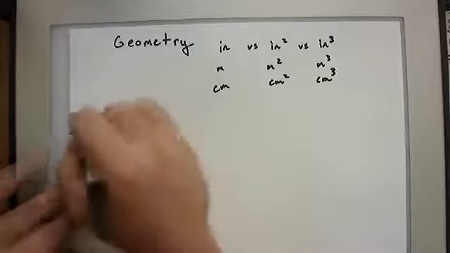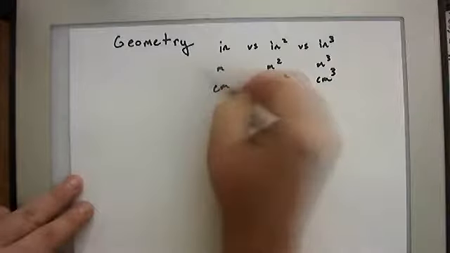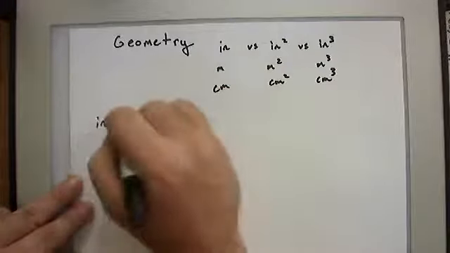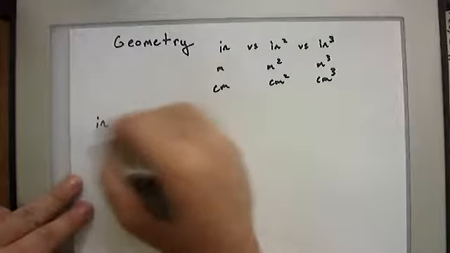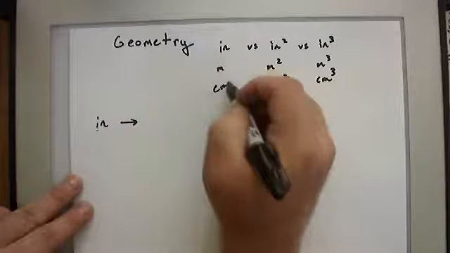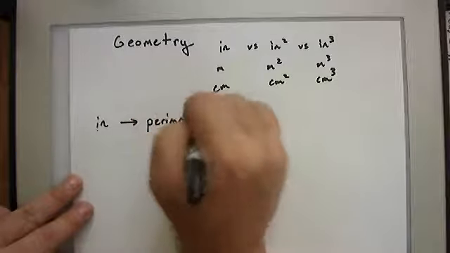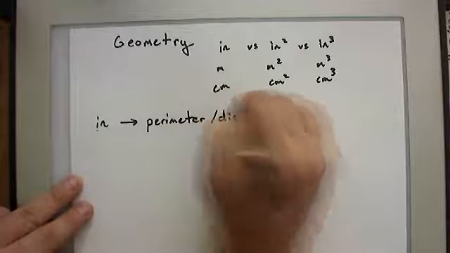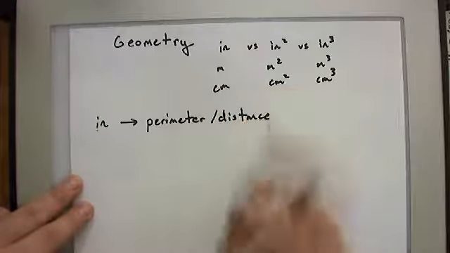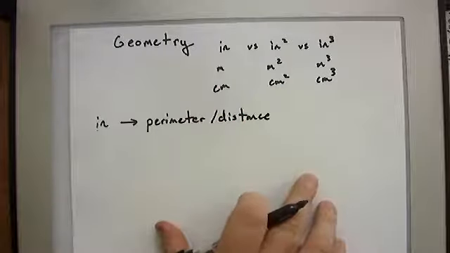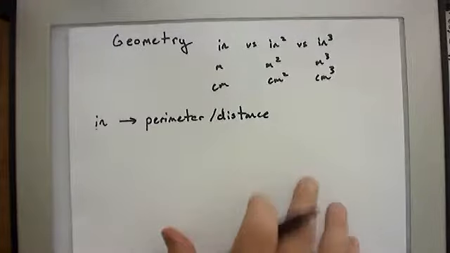The easiest way to do this, and I'll use inches as my guide, but it could be any of the basic ones. If it just says to use inches, or when you're supposed to use just your basic measurement, inches, meters, centimeters, whatever, that's for perimeter, which is the same thing as distance, right? If you said, how far did you drive to Miami? You'd say, I don't remember what it is, but 200 miles. You don't say miles squared.